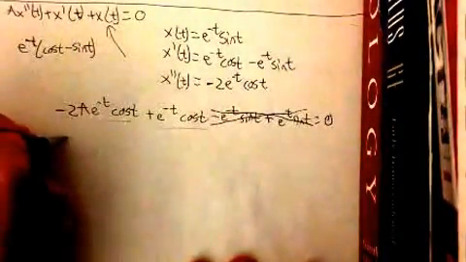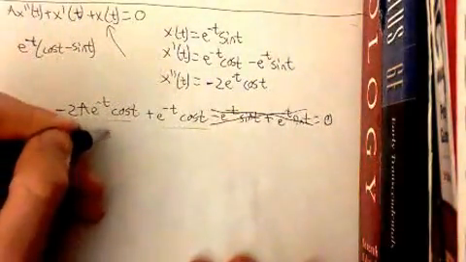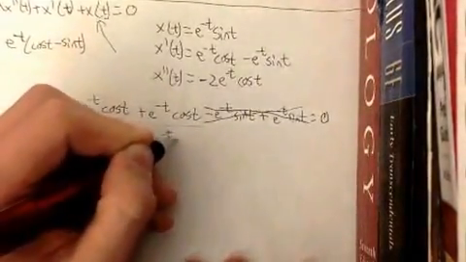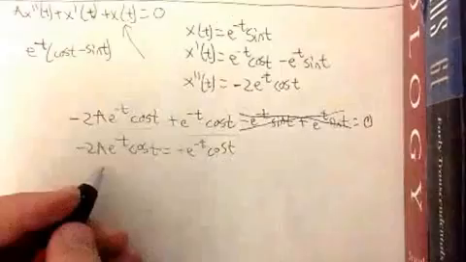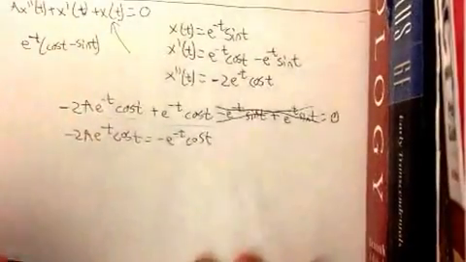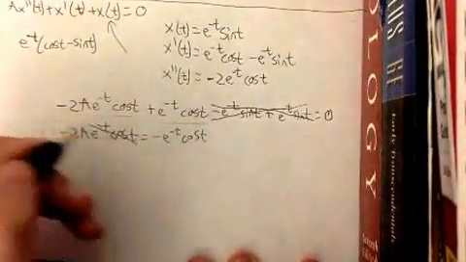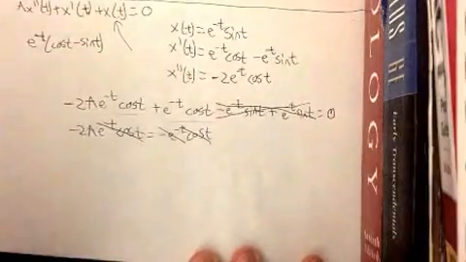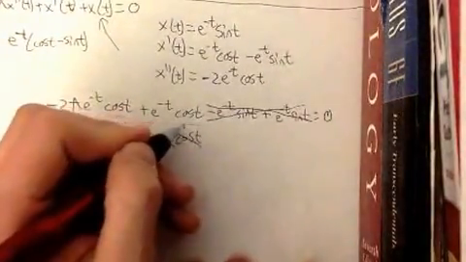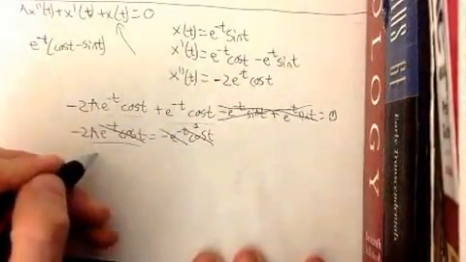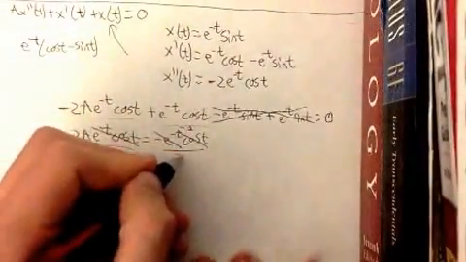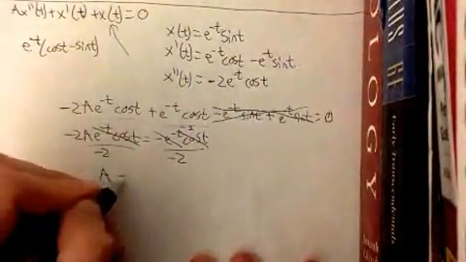So negative 2a e to the negative t cos t equals negative e to the negative t cos t. Then we can divide and cancel this out, so that it ends up being 1. We divide both sides by negative 2, and we get a is equal to 1/2.